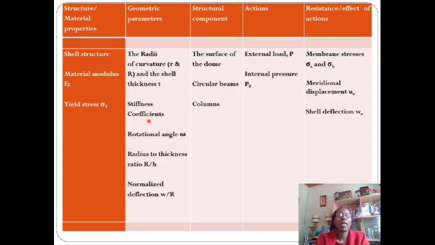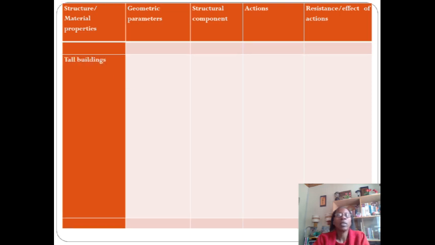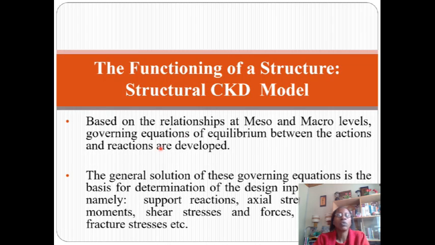And this is just an example of one of the matrices that will help us, for example, to navigate around a shell structure: the geometrical properties, structural components, actions, and the resistance or effects of the action. These are just examples. You do the same for elevated water tanks, as well as tall buildings and cable structures.